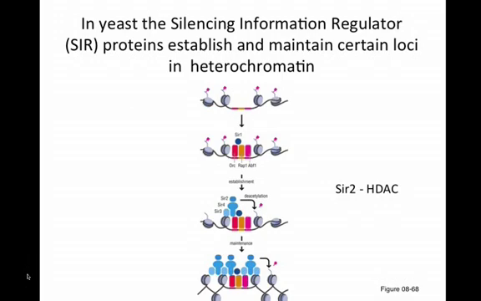So in yeast, SIR proteins, the silencing information regulators, establish and maintain heterochromatin. There are binding sites that other proteins bind to, and these recruit SIR proteins and result in recruitment of SIR2, which is an HDAC, a deacetylase, right?